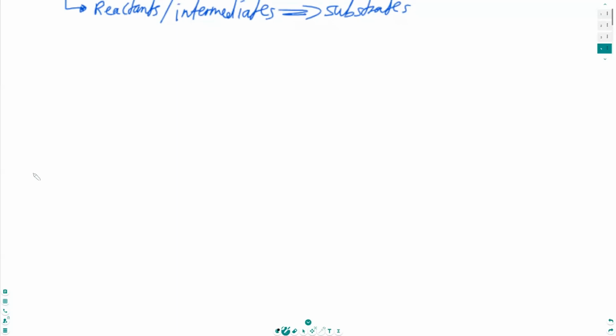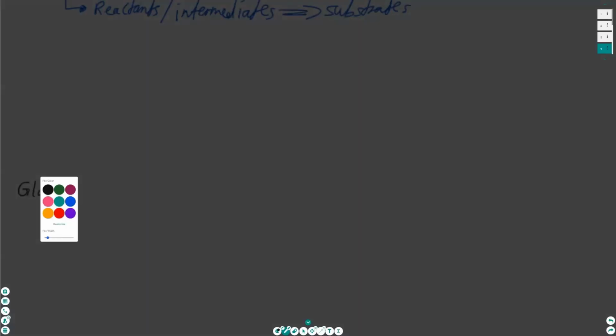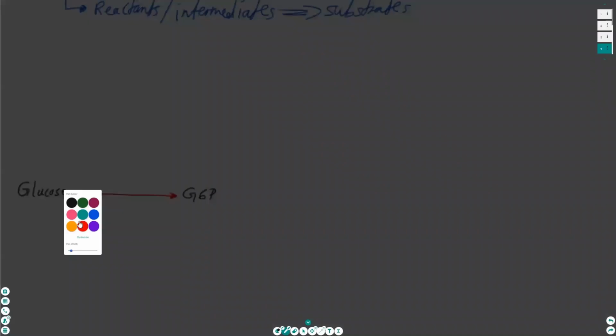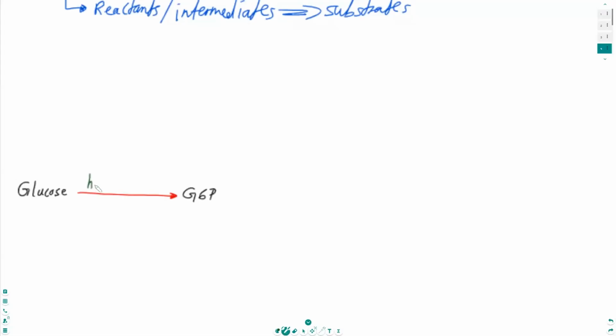So in glycolysis, we convert glucose into pyruvate. Now I'm going to do the first half of a small section of this pathway. You'll learn more about glycolysis in year 2. So we have our molecule, in this case glucose, that gets converted into glucose 6-phosphate, or G6P, and this is done by one enzyme, and that enzyme is hexokinase.